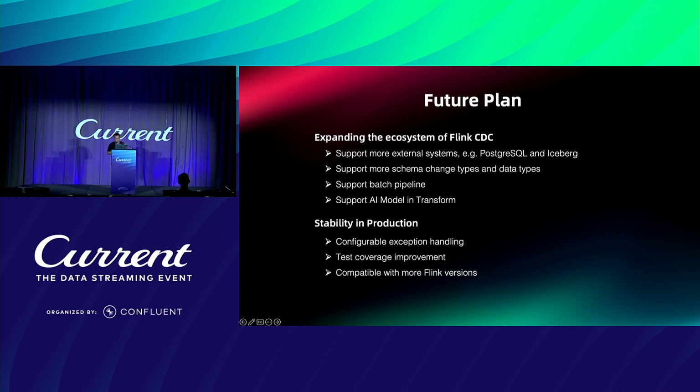And we also plan to support AI models in transformation. On the other hand, I think production stability is pretty important for data pipelines. So we also plan to improve our production stability and the version compatibility with Flink, because we have supported many Flink minor versions.